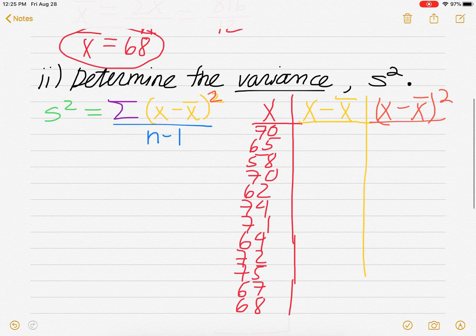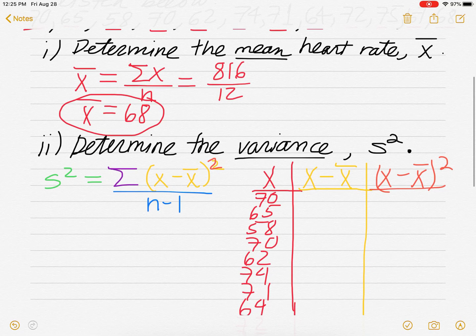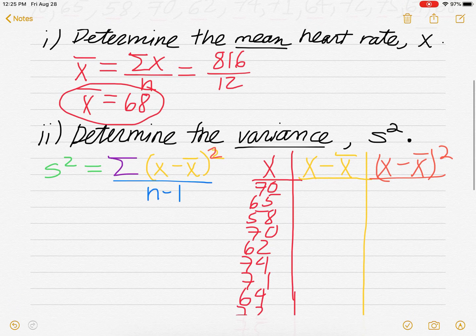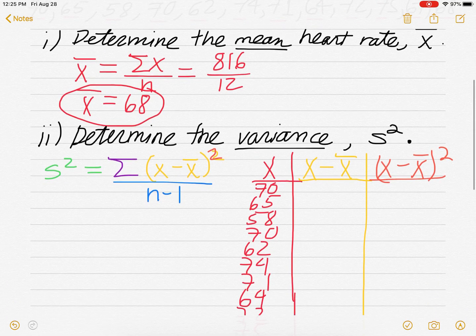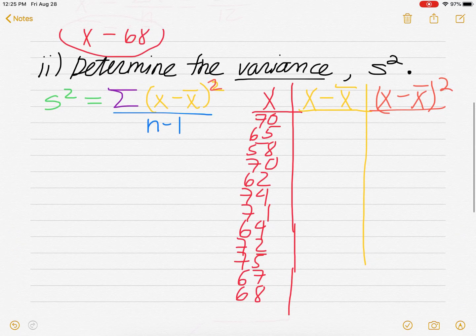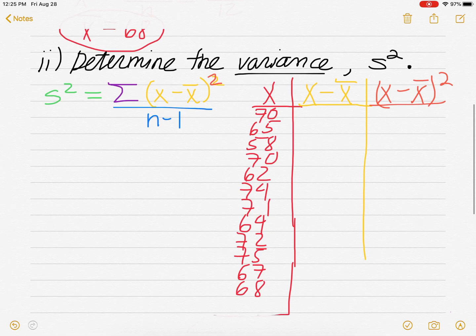All right, let's make sure I got all my numbers now: 70, 65, 58, 70, 62, 74, 71, 64, 72, 75, 67, and 68. Okay, I got all my numbers.